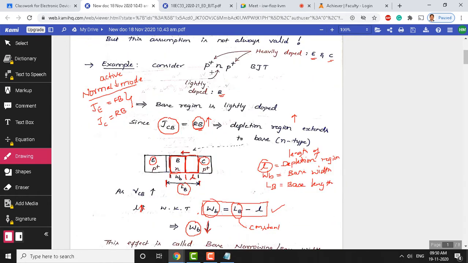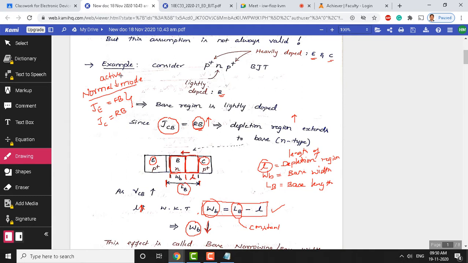Here we have chosen the P plus N P plus transistor, where the base region is lightly doped. In normal active mode, the emitter junction is forward biased and the collector base junction is reverse biased. This is the P plus N P plus diagram, and we are connecting the transistor in normal active mode.